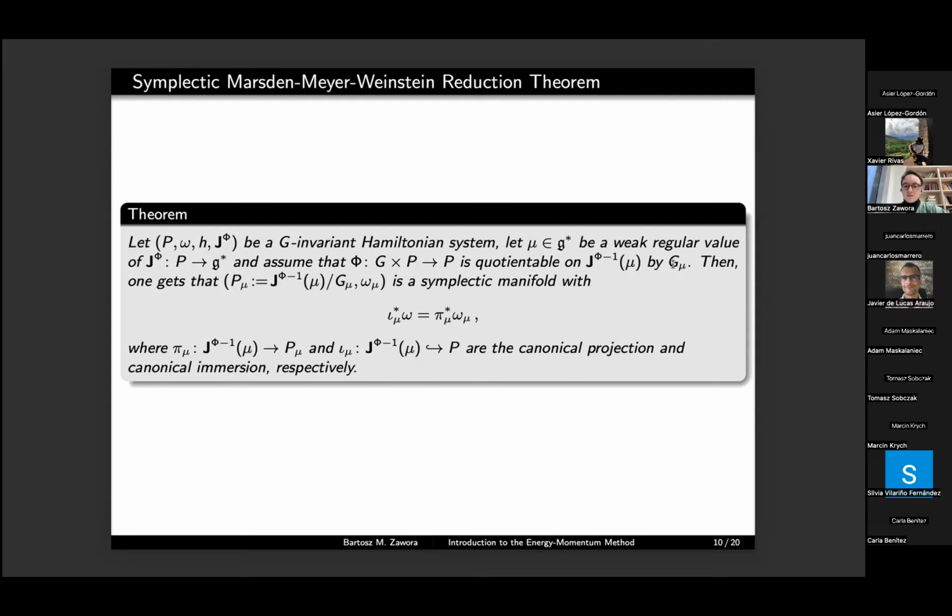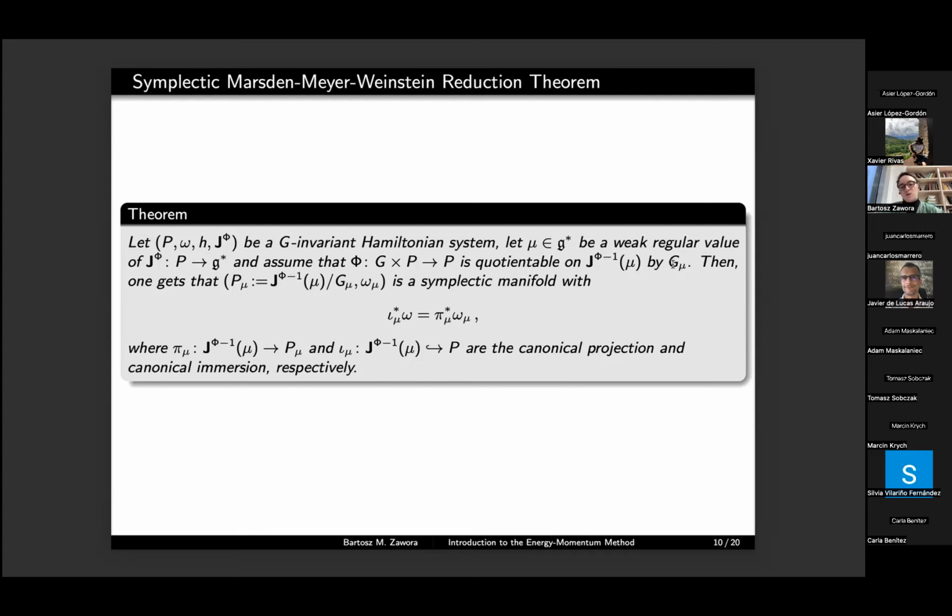And here there is also space for many generalizations of this theorem. I think one of the most popular generalizations is to require that the Lie group action is proper, but not free.